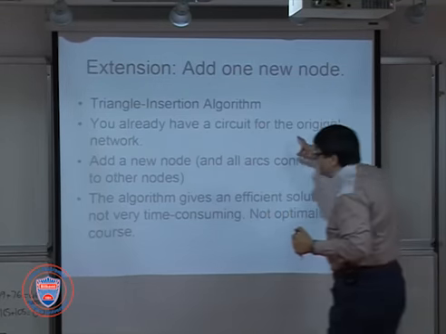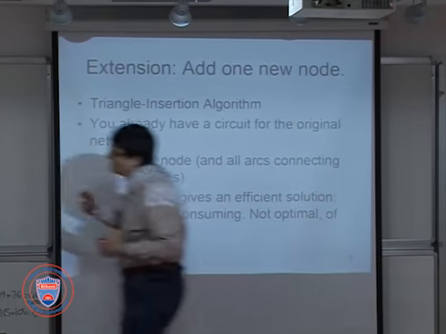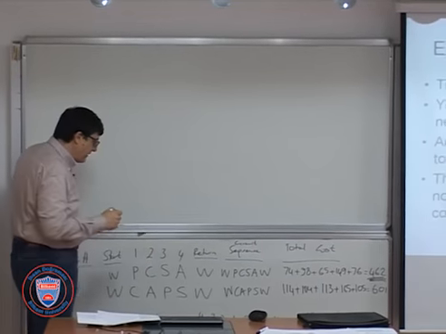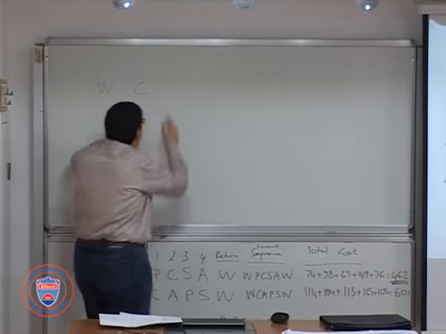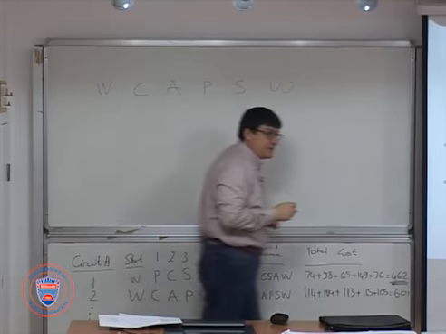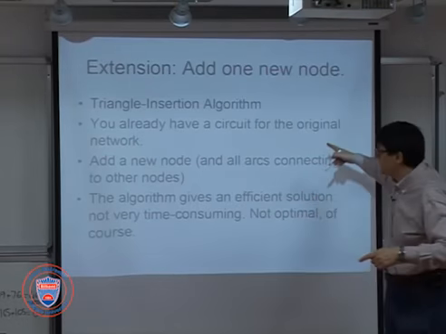So what it does is, if you already have a solution, let's have a solution written here. Let's say the worst solution that we found up to this point was W, C, A, P, S, W. So this is a solution that we already have. So this is this step.